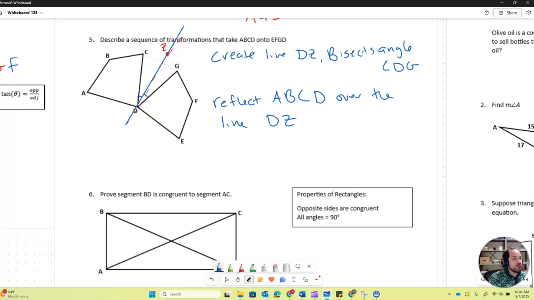It's going to reflect those 2 points on top of one another. Thus, it's also going to be equidistant from here, B to F, and the same thing from A to E. So it's going to map them on top of one another. So we can just do that by really 2 steps. Easy enough.